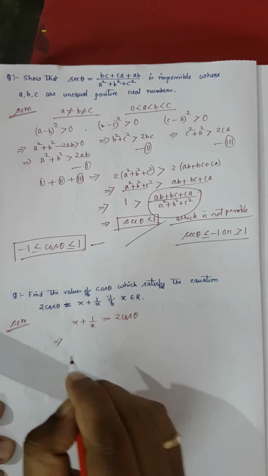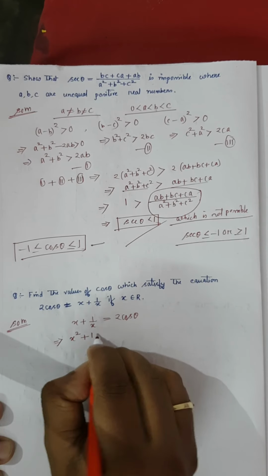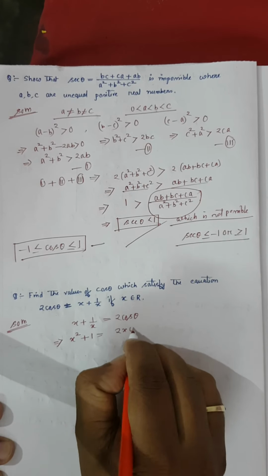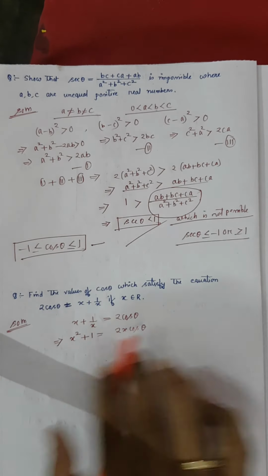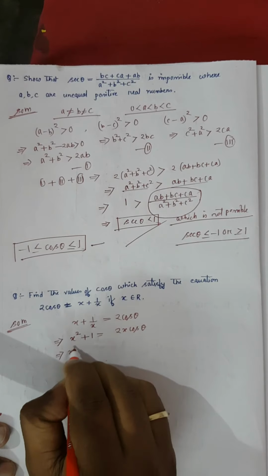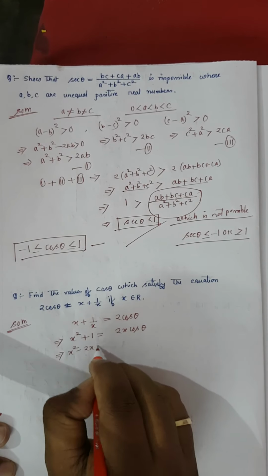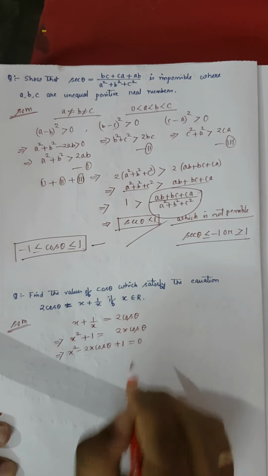If you take LCM, you will get x square plus 1 is equal to twice x cos theta. Now I have multiplied by x on the right side. x square minus twice x cos theta plus 1 is equal to 0.